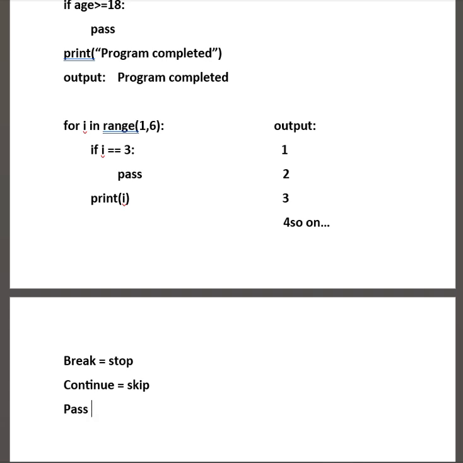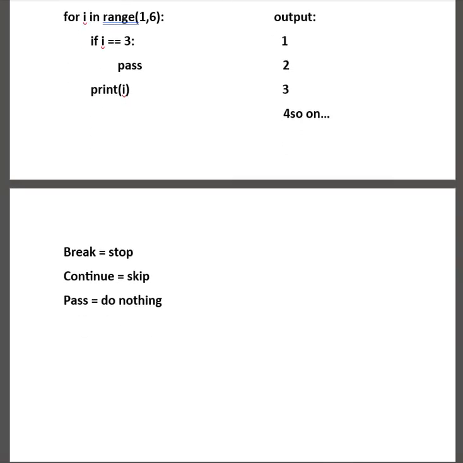Next, pass is equal to do nothing. That's it. It acts as a placeholder. We need to memorize these three things. Break is equal to stop, continue is skip, pass is do nothing. Okay. Thank you.